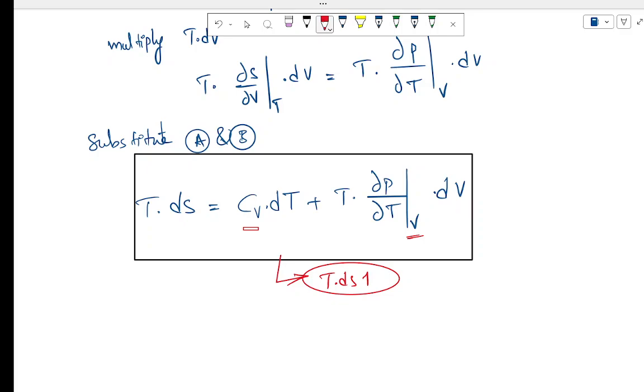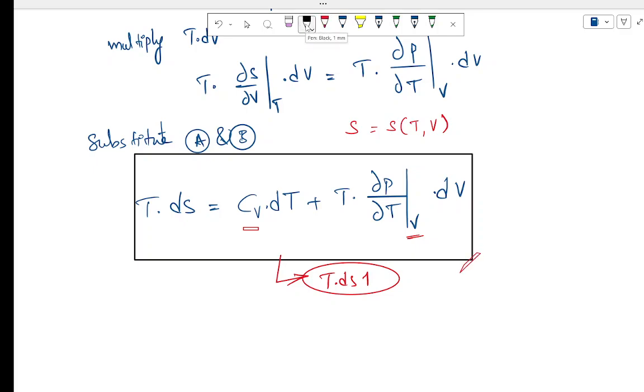So what we have said in the beginning is that entropy is a function of only temperature and volume. In the same fashion we have converted it, so that the complete expression will be in terms of constant volumes. And the appropriate changes can be accounted for in this equation, that is the TdS1 equation.